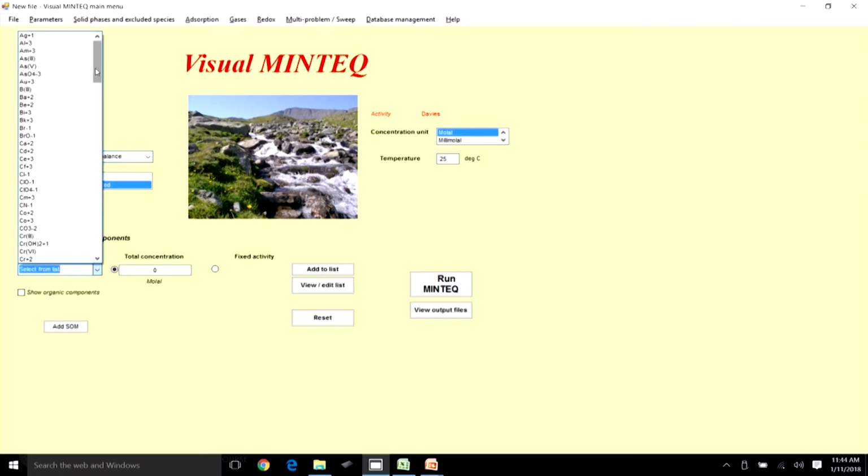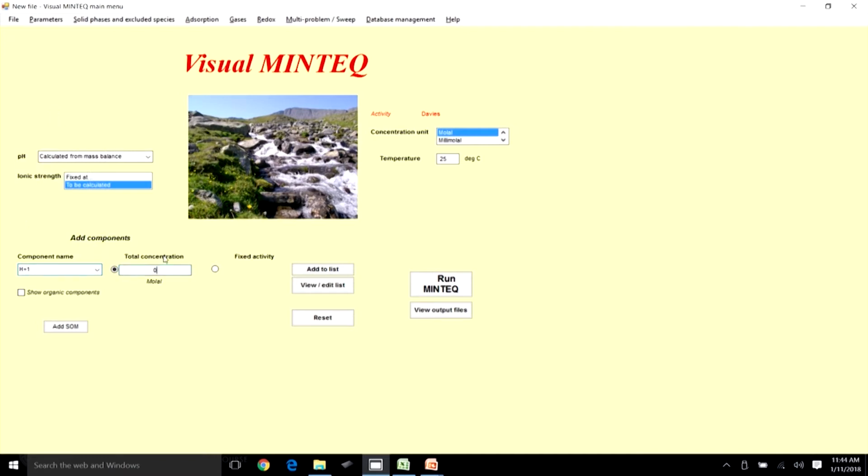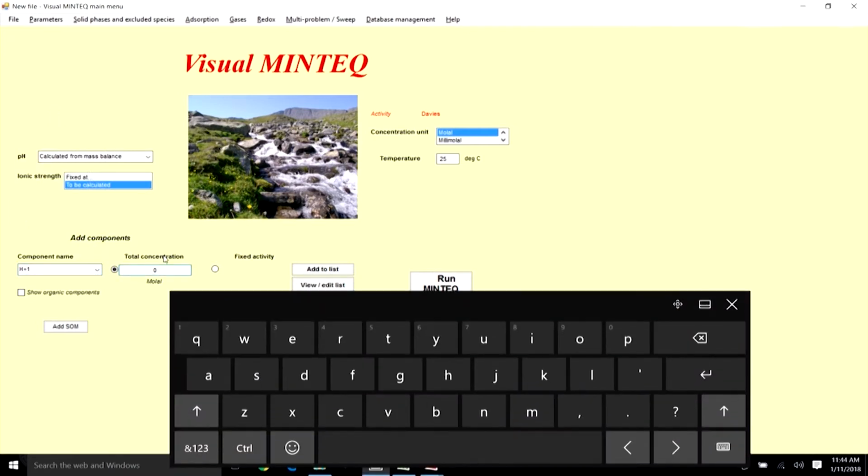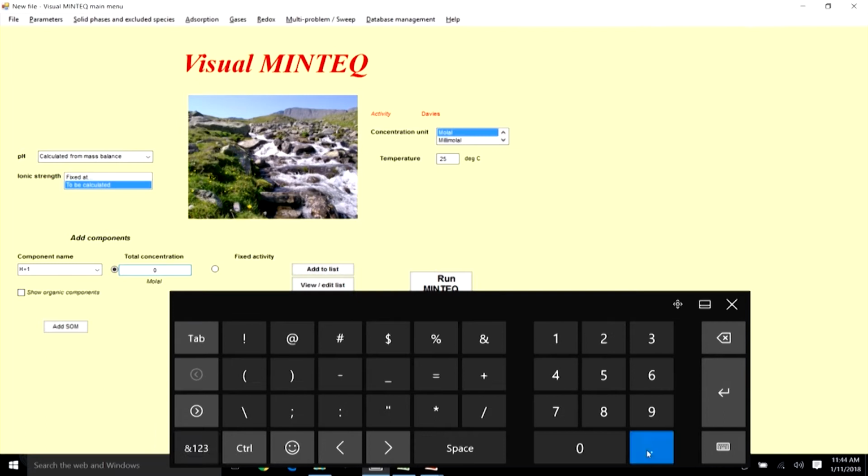So let us say I have H2CO3 in my system. I am going to take an H plus, and let us say the concentration is going to be equal to 0.001 molal, right? And I am going to add that to the list, and let us say it is going to be H2CO3, right? So it is going to be 2 times.